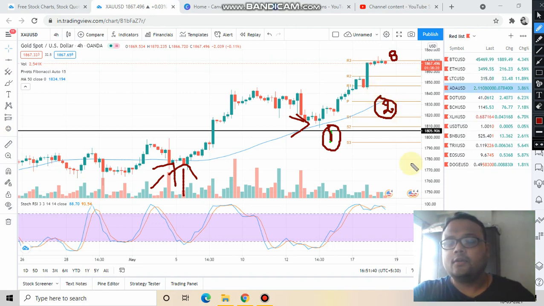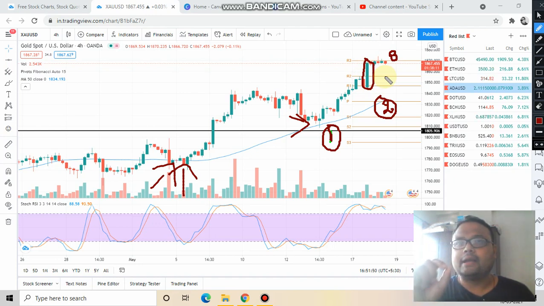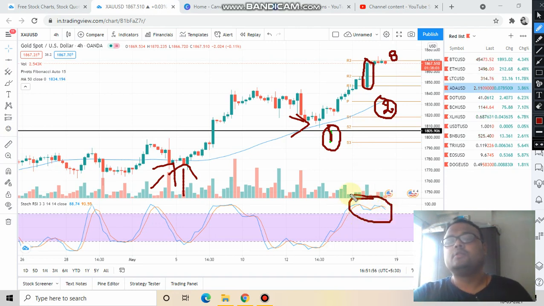Right now you can see that after forming this huge green candle, the market is making small candles. The market is also in the overbought zone. So considering the current candle formation and the overbought zone, we should be waiting for the market to come down to our price zone.